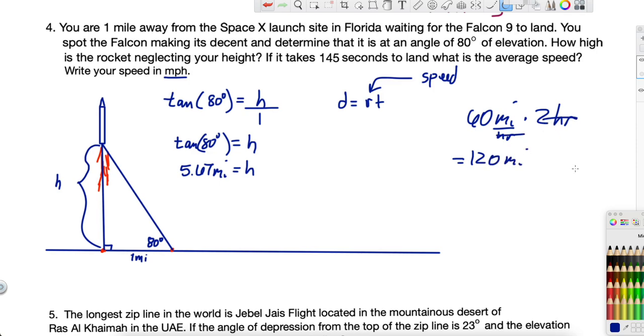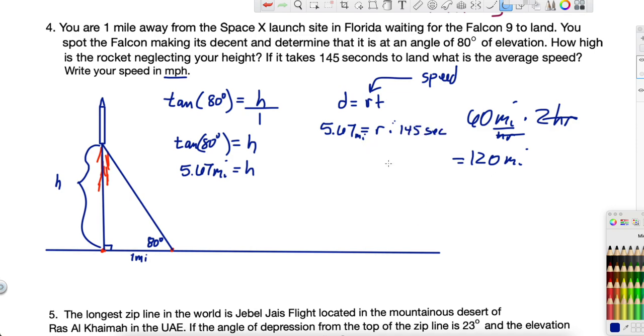That's how that works. So our distance here, we know, is 5.67, so 5.67. And the rate we don't know, right? Let's put miles here. The rate we don't know, but the time we do know is 145 seconds. 145 seconds.